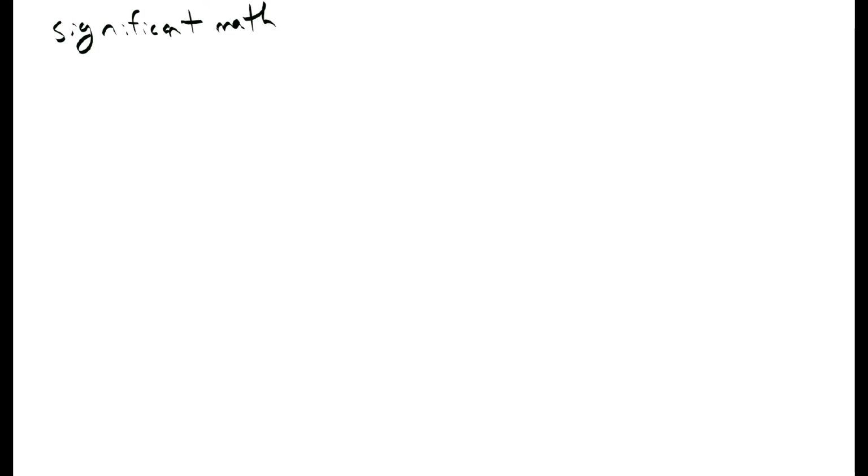Because when you add measurements together, you subtract measurements, you multiply or divide measurements, you need to know how many significant figures your answer is going to have. There are 2 sets of rules, one for addition and subtraction, the other one for multiplication and division. The rule for multiplication and division is a lot simpler.